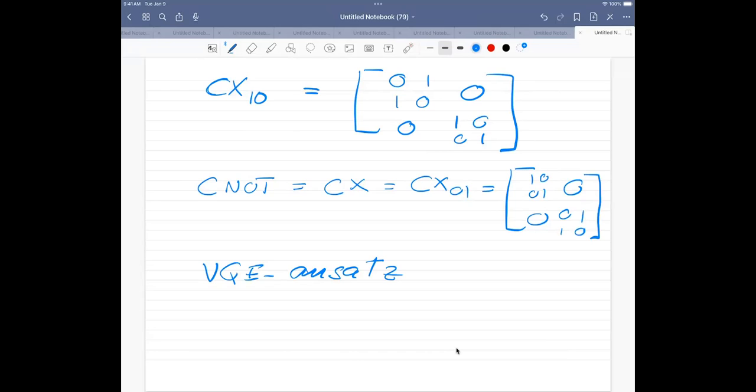So a typical ansatz is now to have these different angles, theta 0, phi 0. You have a theta 1 and phi 1. So this is for 2 qubits.